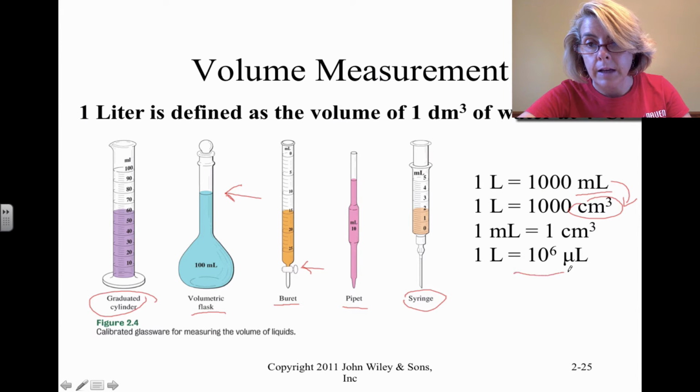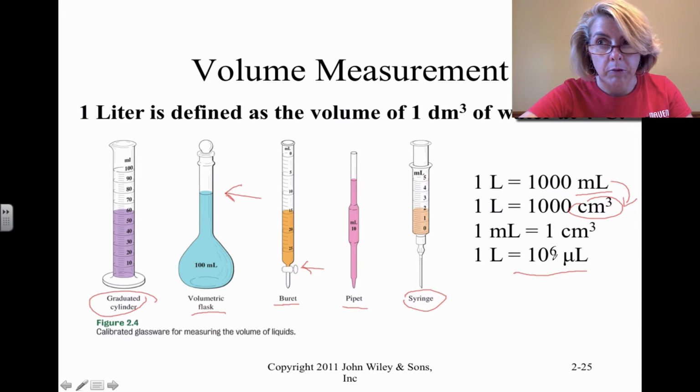And then lastly, 1 liter equals 10 to the 6th microliters. Now that's a unit that would be on the very small scale, but it is a useful unit to know, especially if you're going to be doing biological reactions.